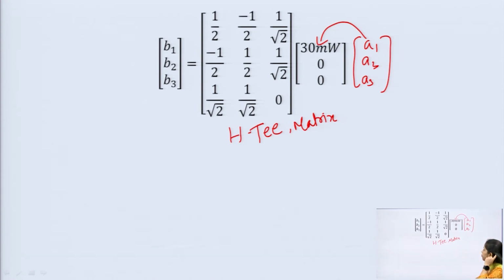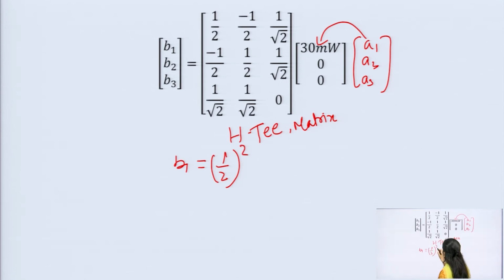Now, if we want B1, we take the first row with A1, which is 32, plus 0 and 0 for A2 and A3.